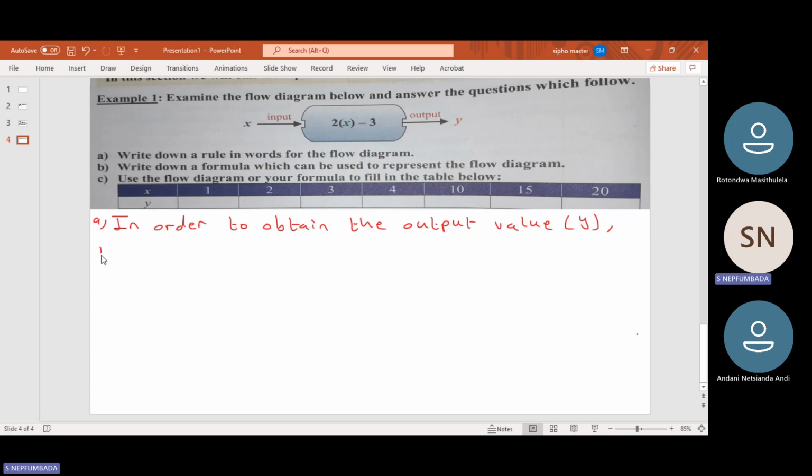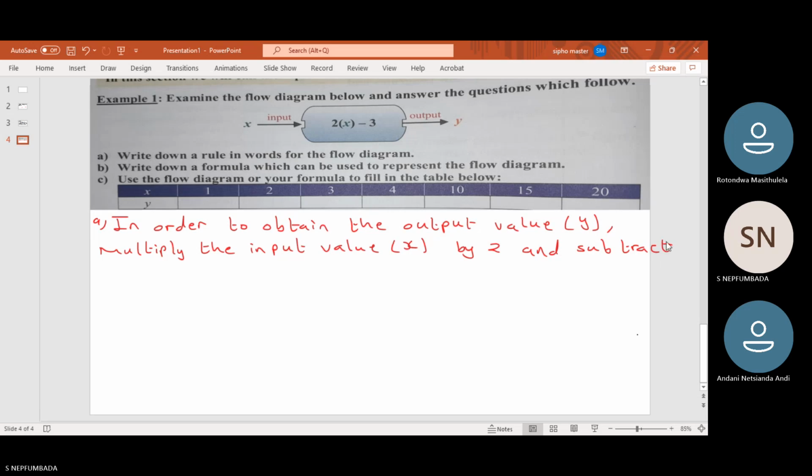We multiply the input value, which is x, by what? By 2. Is that so? And we subtract what? We subtract 3. You have answered that question.